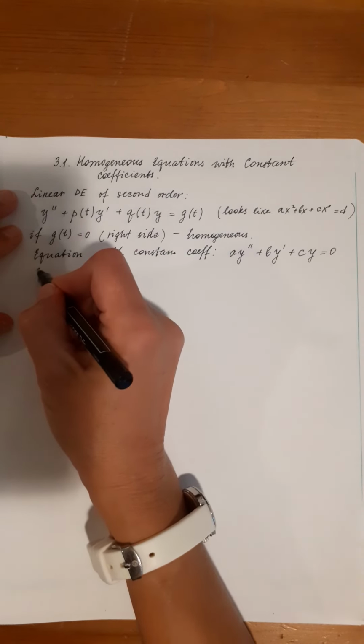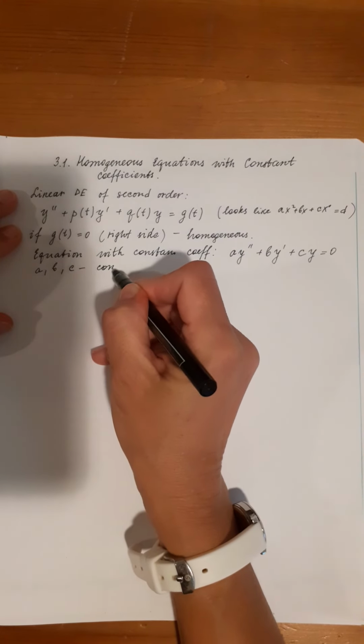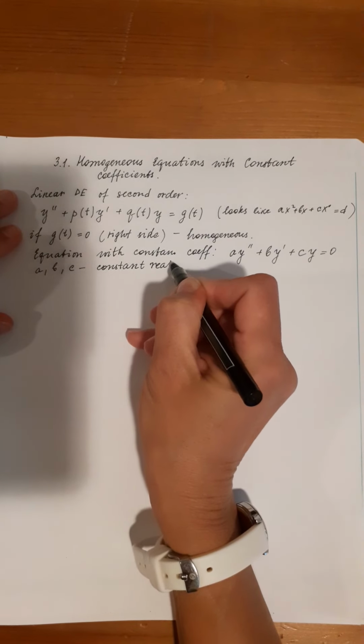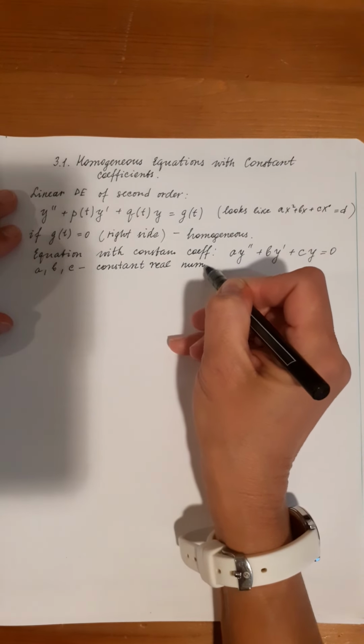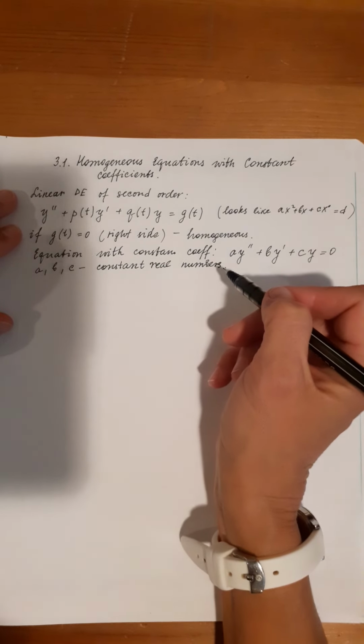Okay, so I'm going to write down that a, b, and c are constant real numbers. And what else?